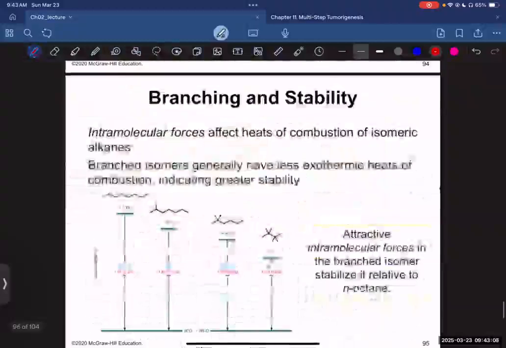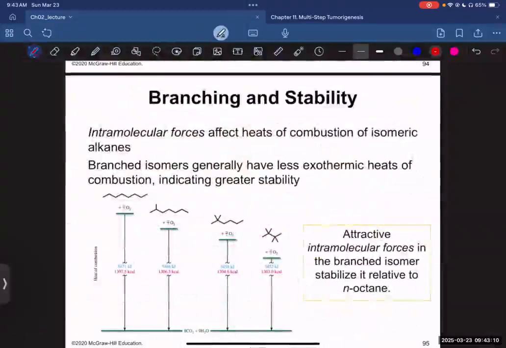And so when we look at the reason why this branched alkane is more stable than its linear form, it seemed to be because of intramolecular forces that are affecting them. Intramolecular forces are between the atoms within the molecule.